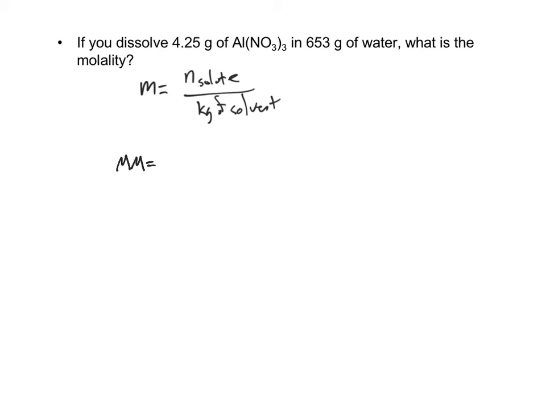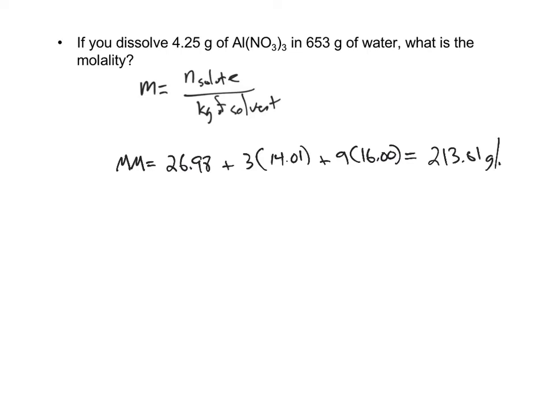So that's going to be 26.98. I've got 3 nitrogens. I have 9 oxygens. And so my molar mass, when I do that calculation, comes out to be 213.01 grams per mole. So now I can convert my mass into moles.